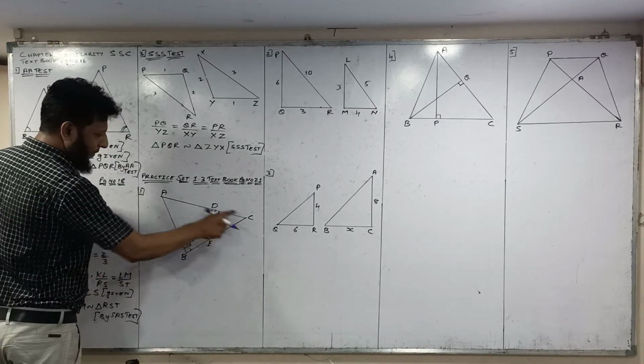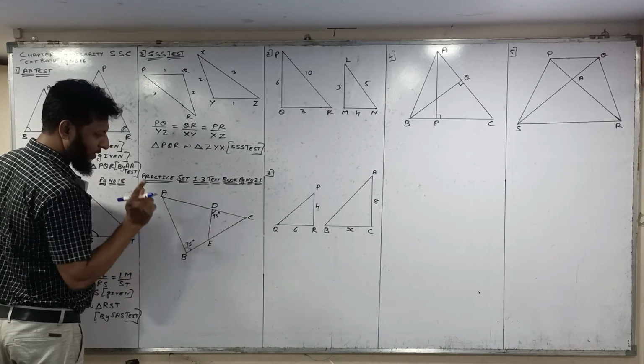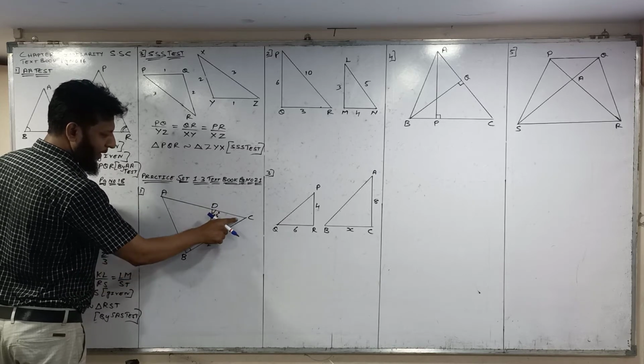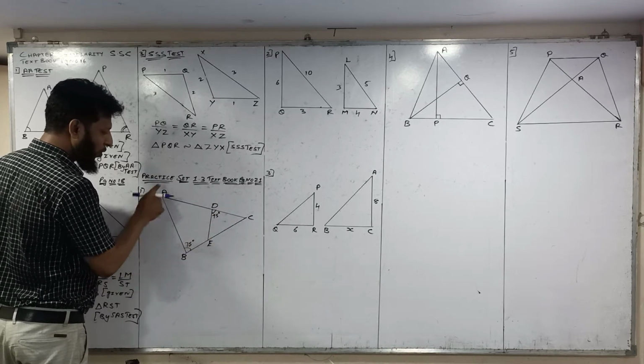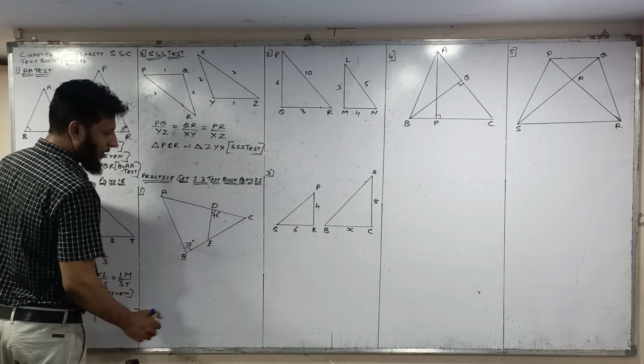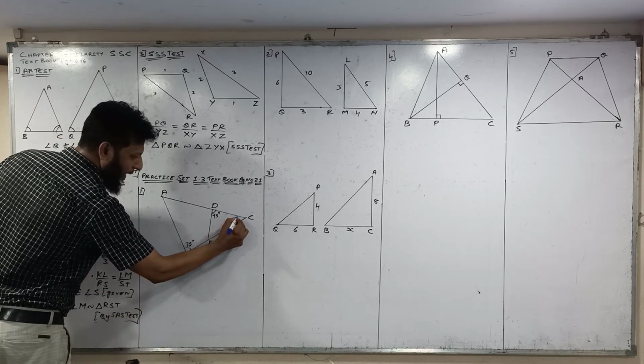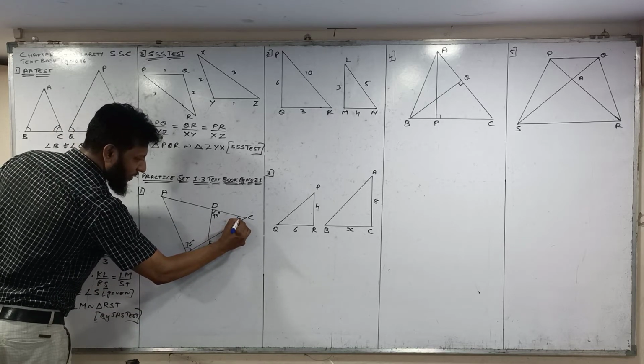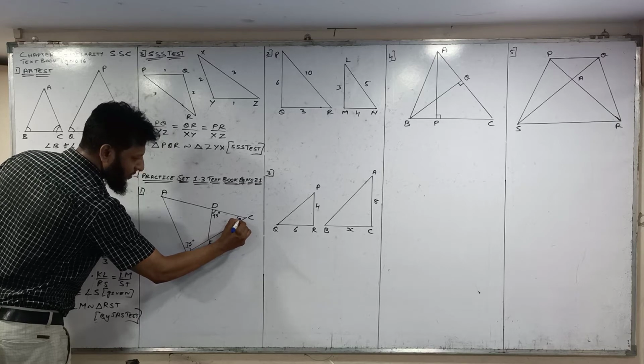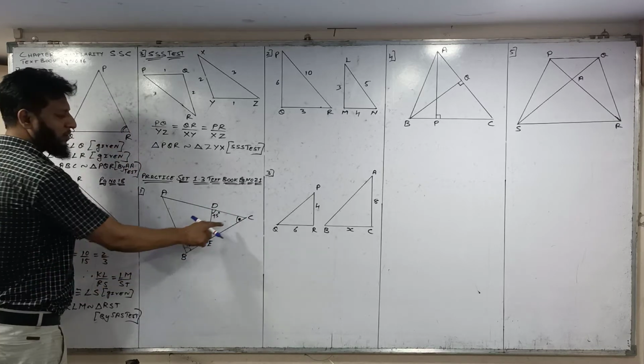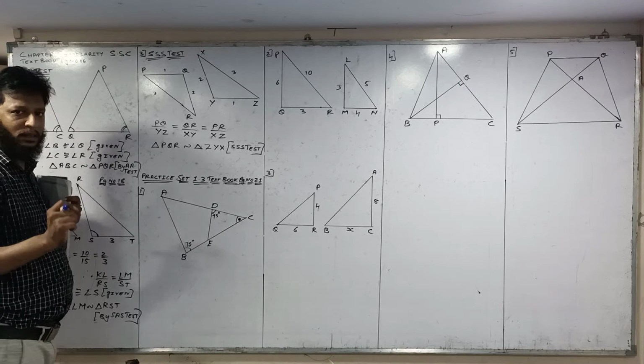See, this triangle ABC has angle C and DEC has angle C, so we'll take these two triangles. For the common angle I am using this sign at C. Generally I use this sign for the common angle.